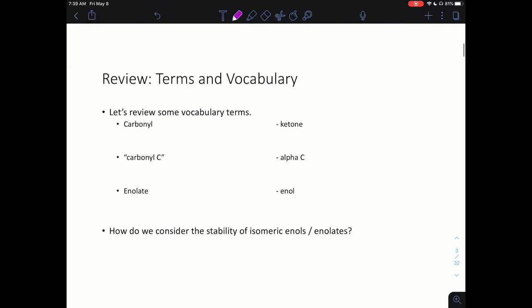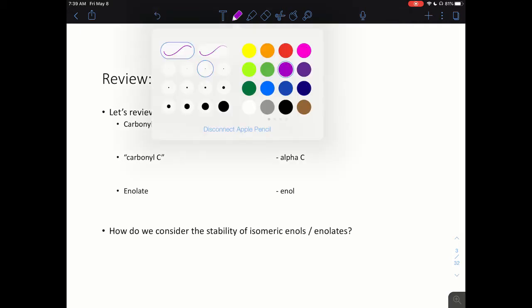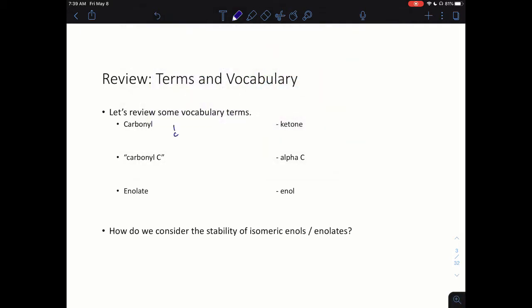Let's start by reviewing some terms and vocabulary related to today's topic. So you should pause and try to define in words and use a diagram to represent these terms. The carbonyl refers to the carbon-oxygen double bond, and there can be a variety of different substituents bonded to the carbon of the carbonyl.